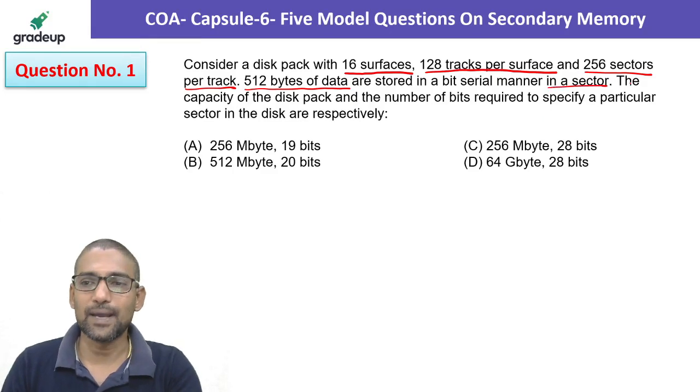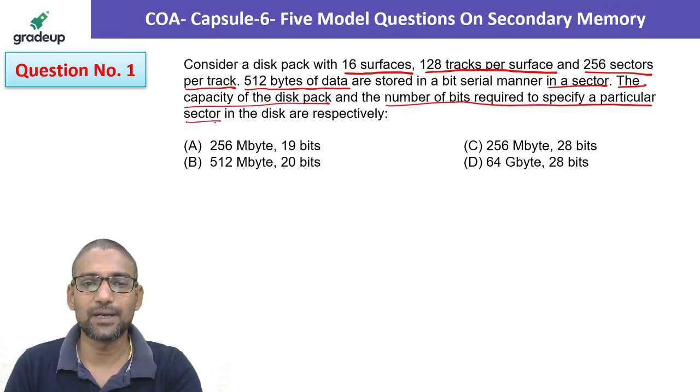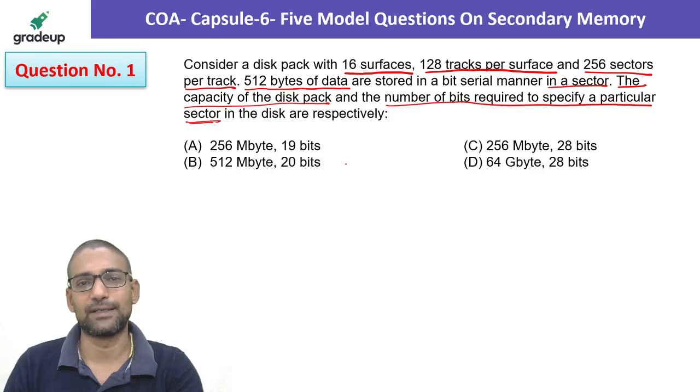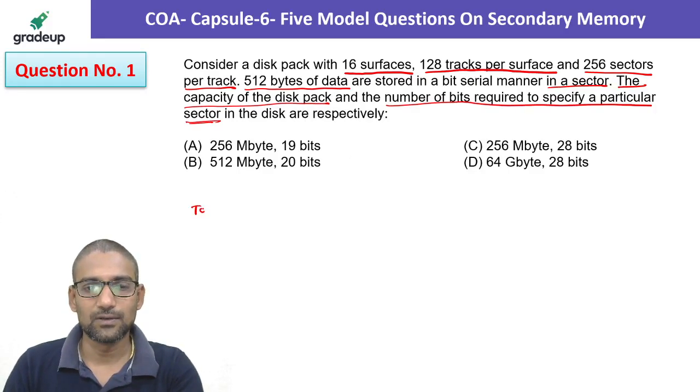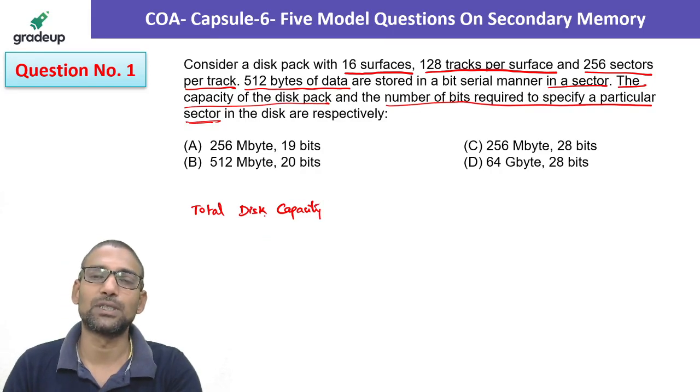So the capacity of the disk and the number of bits required to specify a particular sector are, respectively? How can we find this? First of all, the total disk capacity. How can we find the total disk capacity?